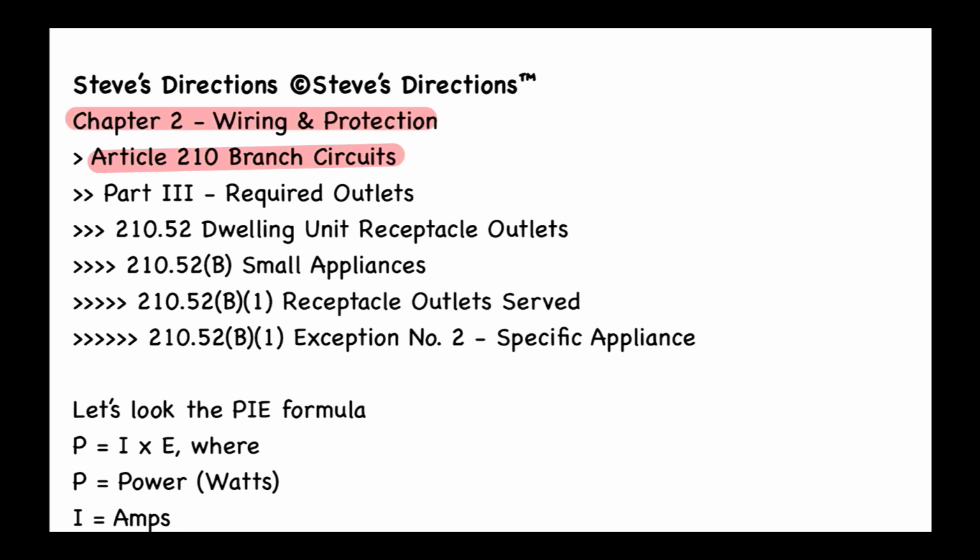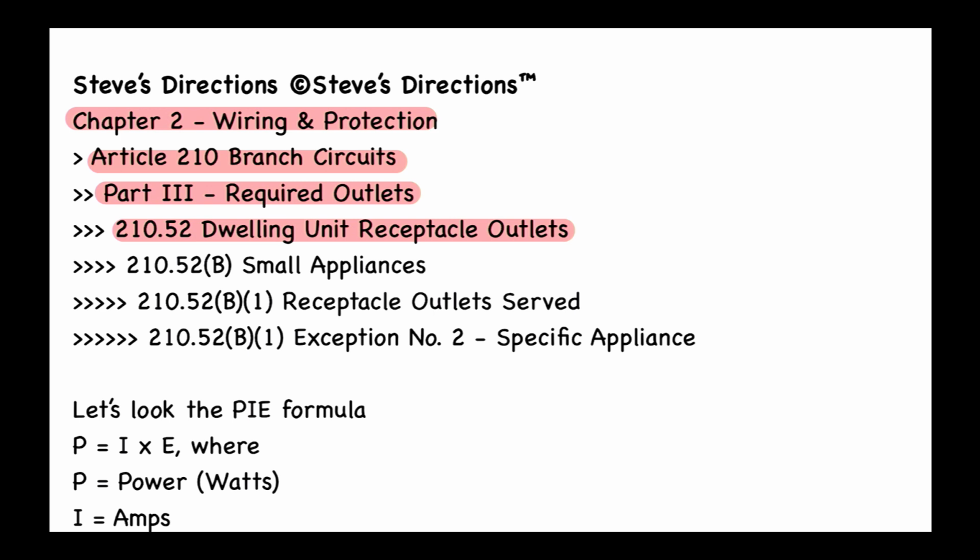Within Article 210, we find Part 3, Required Outlets, and within that, 210.52, Dwelling Unit Receptacle Outlets.